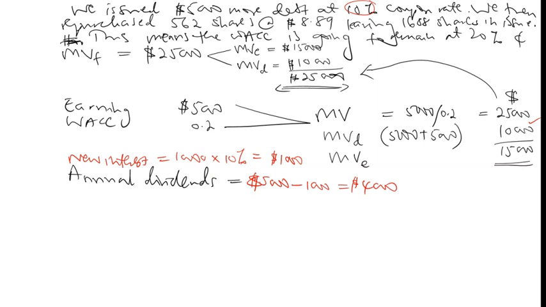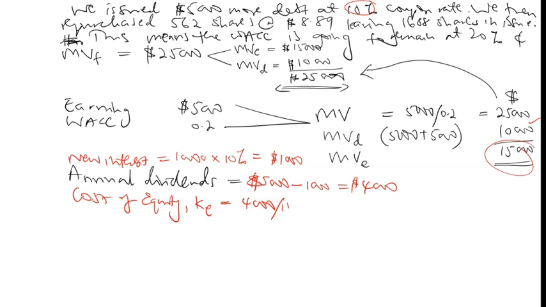Okay, now what is the cost of equity? Cost of equity, KE, is equal to our dividends, 4,000, divided by market value of equity. The market value of equity is now 15,000. It is no longer 20,000 as in the initial arrangement.